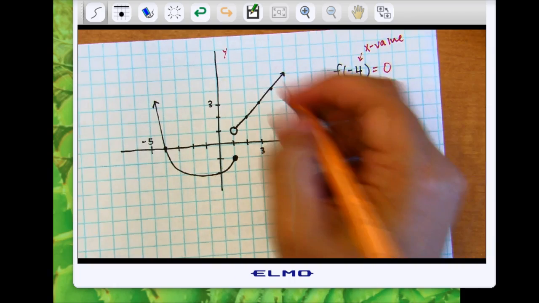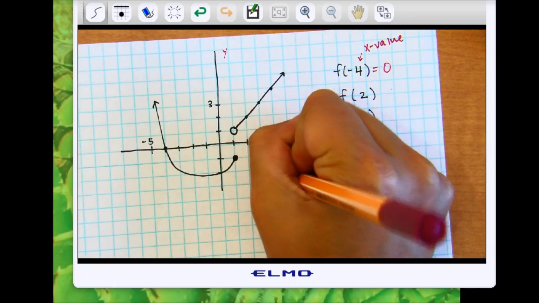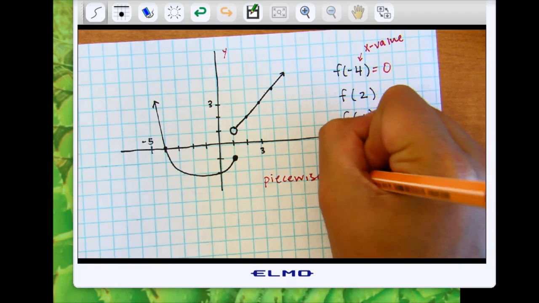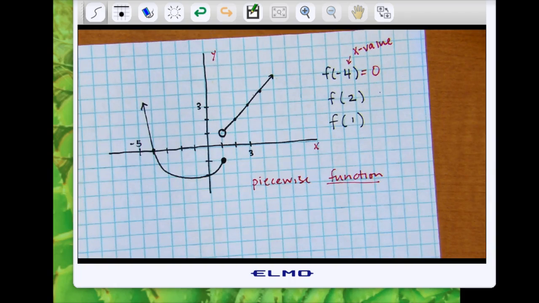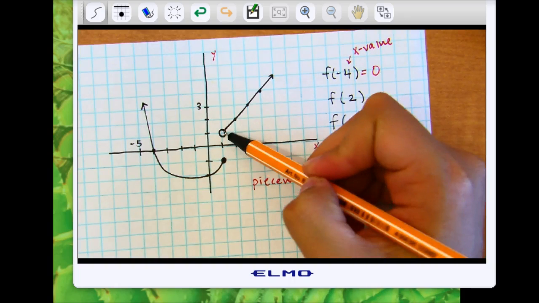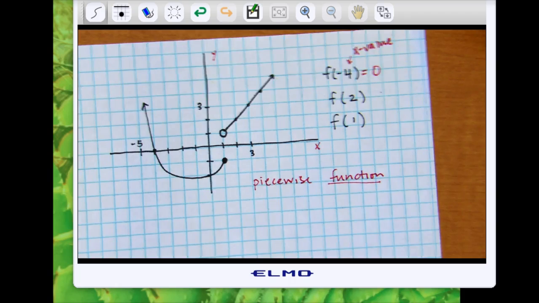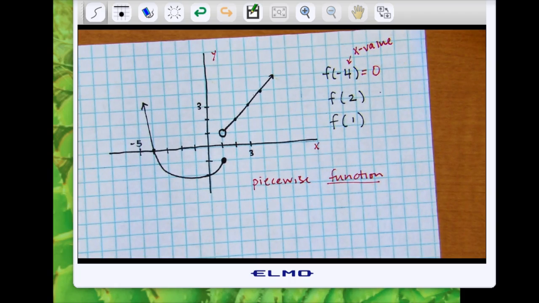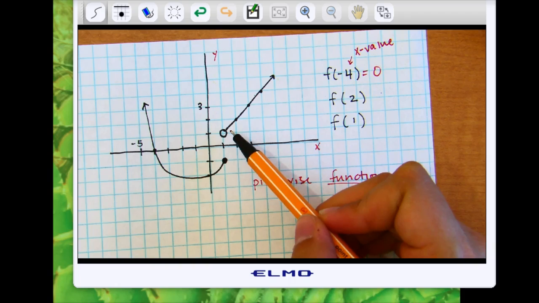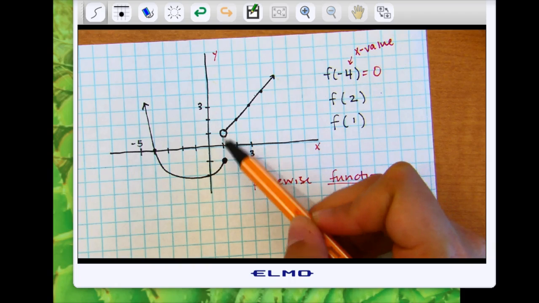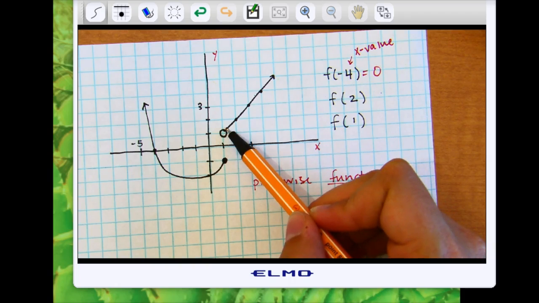However, I did call this a piecewise function, which means that it needs to be a function. So I can't have two different outputs at 1. I can only pick one of these values. So if you picked both of them, if you said it's going to be -1 and +1, know that for this one, it actually has to only be 1. So I've got to choose between my closed circle and my open circle.